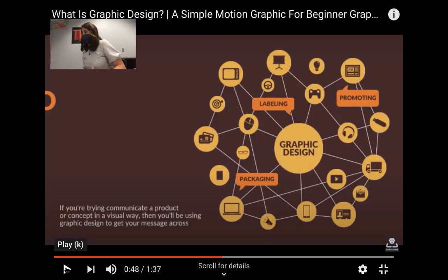Anytime you're trying to communicate a product or a concept in a visual way, whether it's on a t-shirt, a logo on a folder, a billboard, a design on the side of a car, the design on the EMS ambulance, as long as you're trying to show something visually, you'll be using a graphic designer to get that message across.